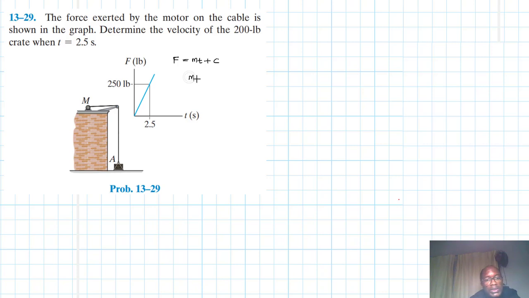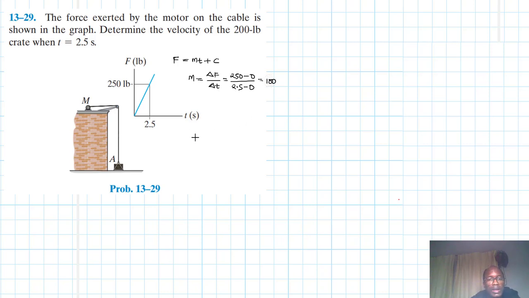Let's find m, which is the change in F divided by the change in time. So this is 250 minus 0 divided by 2.5 minus 0, and this gives us 250 divided by 2.5, which is 100, right?